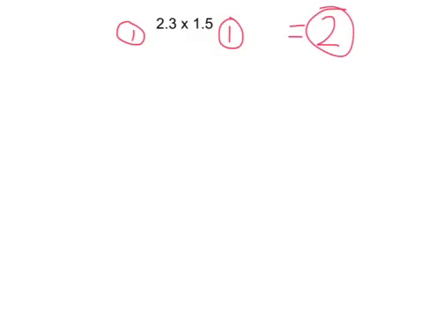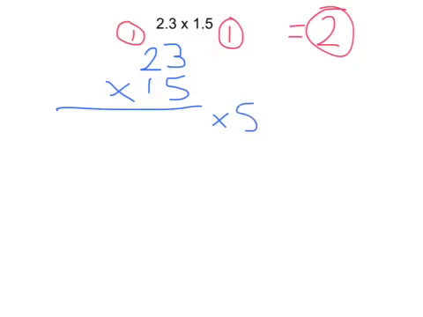Now, you just need to do long multiplication. So we're going to do 23 times 15. I'm going to use the traditional method. You could use the Chinese multiplication method, which there is a revision video on as well on my YouTube channel. So multiply by 5 first. 5 times 3 is 15.